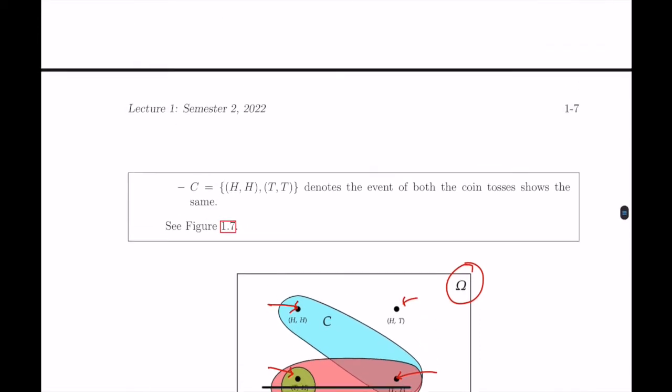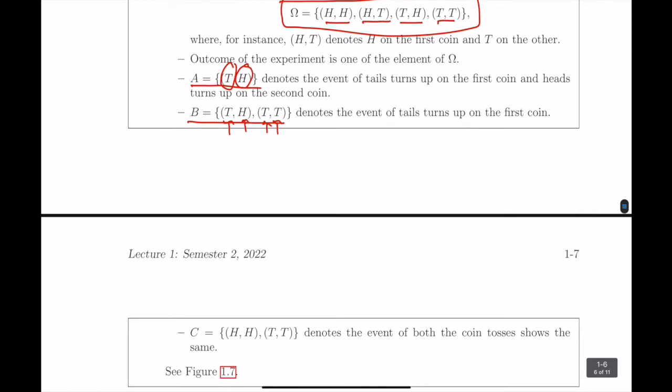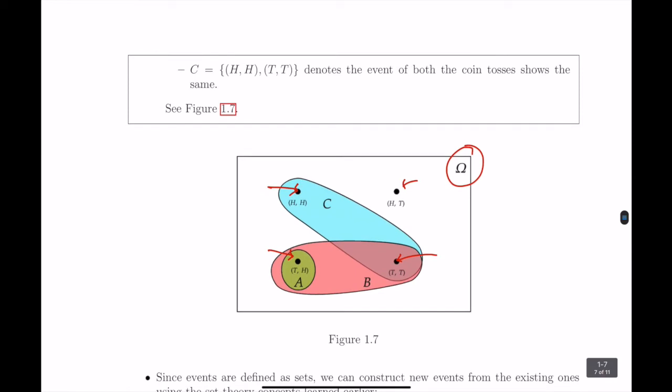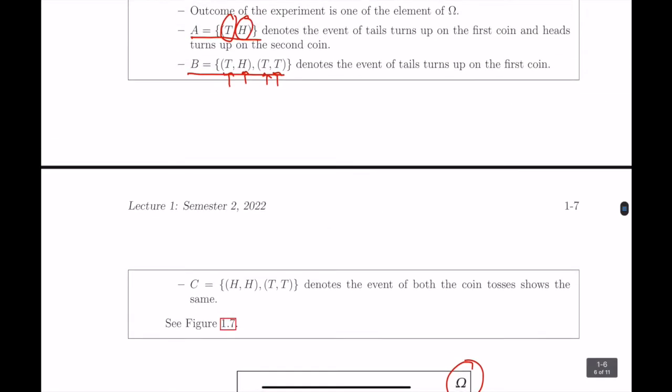So in the above example, we defined A being a set consists of one particular outcome, that is tail on the first coin and head on the second coin. So A consists of, as you can see in this figure, only one point. On the other hand, we have set B, which consists of two outcomes.